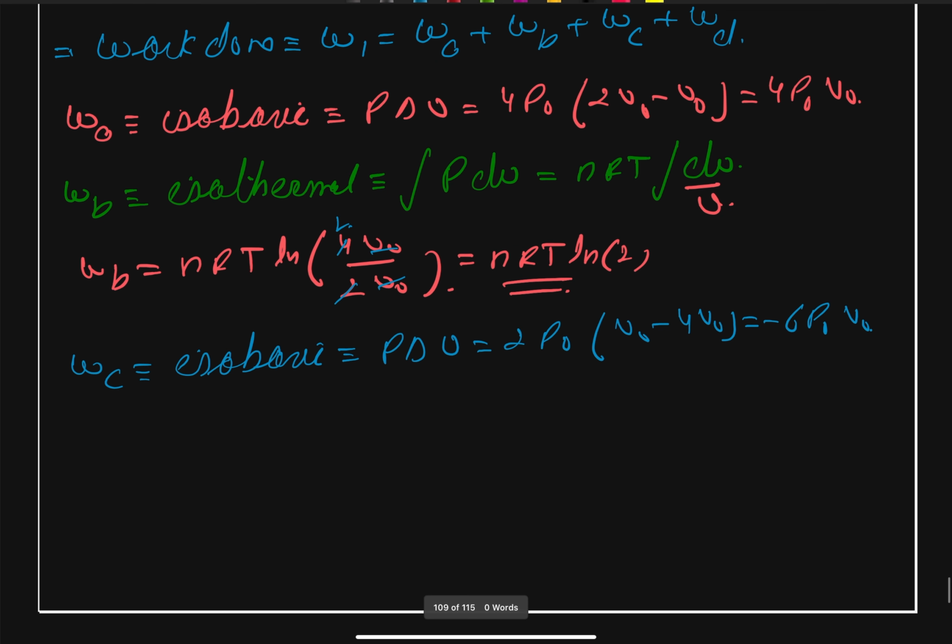And finally we have WD, which is isochoric. Volume is constant, so the work done is equal to 0.